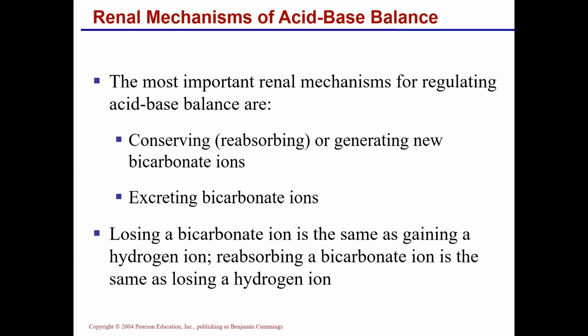So in terms of the mechanisms, the renal system can regulate blood pH by conserving or reabsorbing or generating new bicarbonate ions. So let's just say, basically, it doesn't matter if it's reabsorbing or generating new bicarbonate ions. As long as you get bicarbonate ions back into the blood, they can bind with hydrogen ions and take hydrogen ions away.